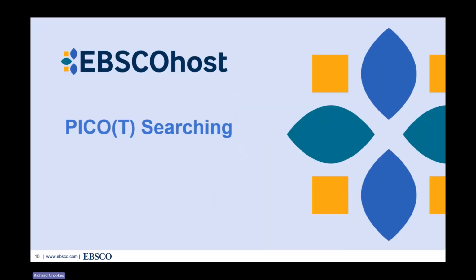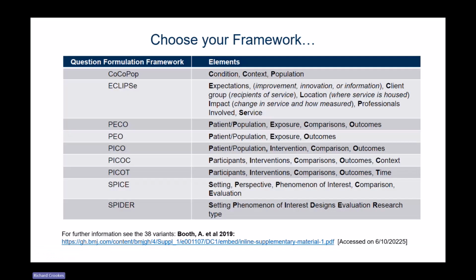I also want to mention the aspect of PICO, and we'll be looking at PICO specifically, but also the search app that's available on the new platform as well. We do know there are multiple frameworks out there. Andrew Booth et al. reported on 38 variants, such as CoCoPop, ECLIPSE, PECO, which relates to the exposure as opposed to the intervention, and PICO without the comparison or comparative treatment, which looks at the outcomes.